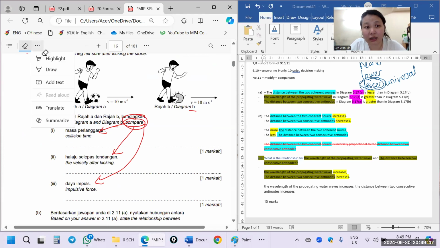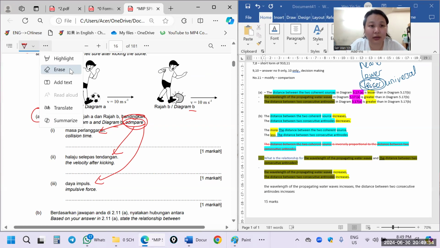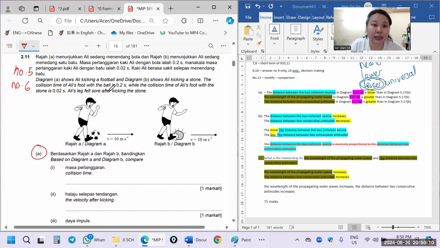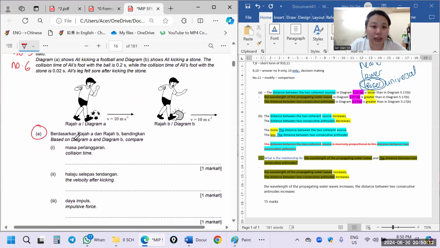You understand or not? Okay. So compare 1, 2, 3 yourself. They just write compare one time only. So you need to compare yourself. Number 5, number 6, number 11, all got compare and relationship. Okay, now. So, based on A and B, compare collision time.